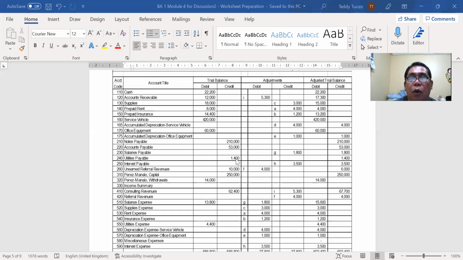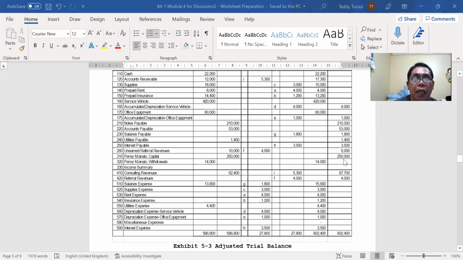Utilities payable, no adjustments made, so we direct it to the credit side also of the adjusted trial balance. Interest payable, we have only an adjustment for the interest recognition, not on accrued interest. So we credit, because it is a liability, so that's why it is on the credit column.